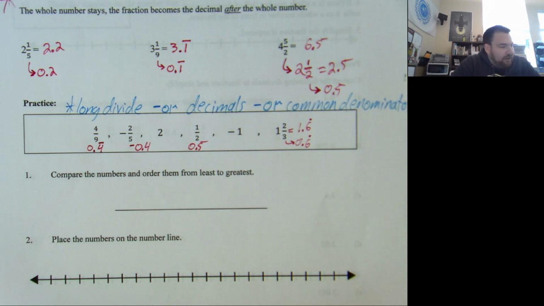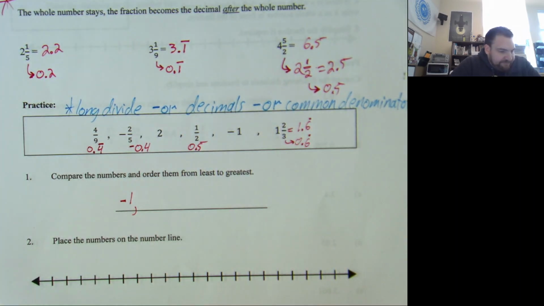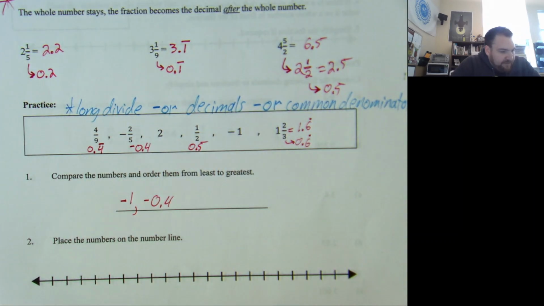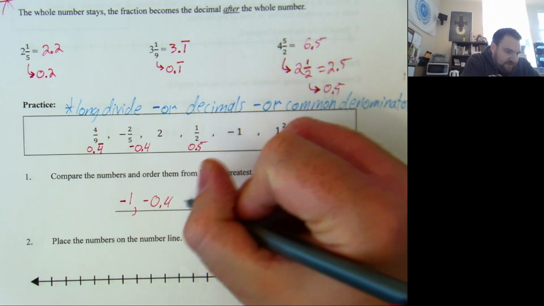What is the least value in that row? -1. Followed by -0.4. Followed by, we don't have 0.4.